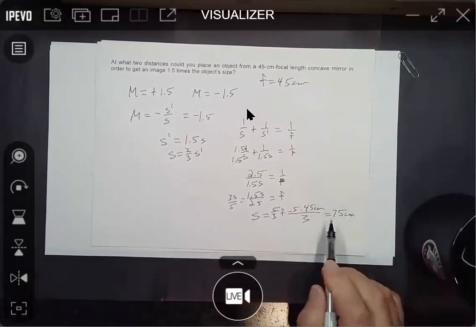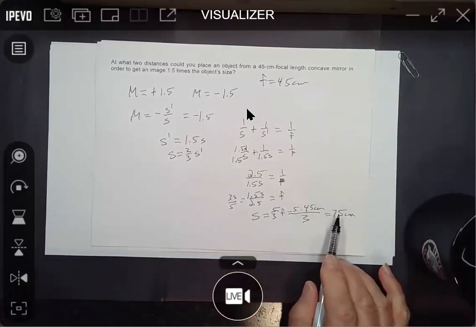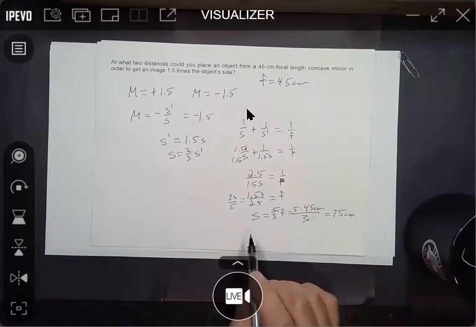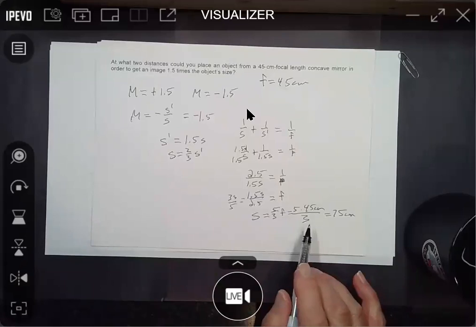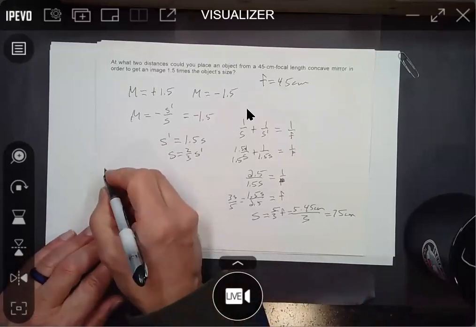So if I put the object at 75 centimeters away from the mirror, it could work. Let's check it to make sure.